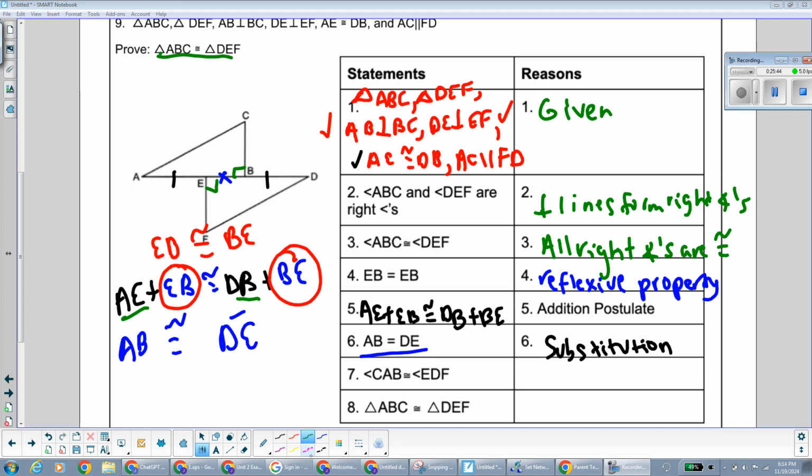For the angles next, I'm going to mark them in the diagram, CAB and EDF. I'm having a hard time seeing the relationship between the two, but then I remember I have another given that I didn't mark: AC parallel to FD. And that given's there for a reason as well.